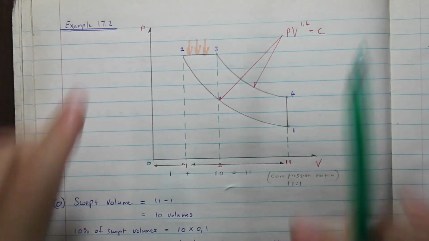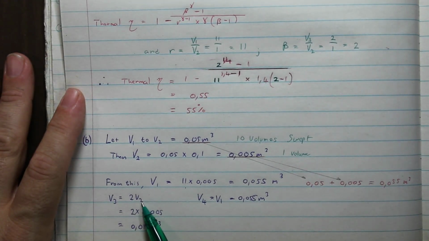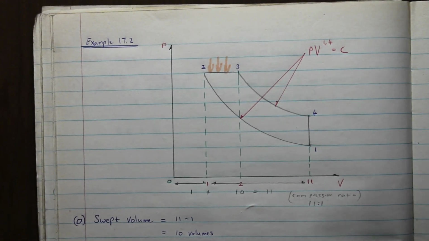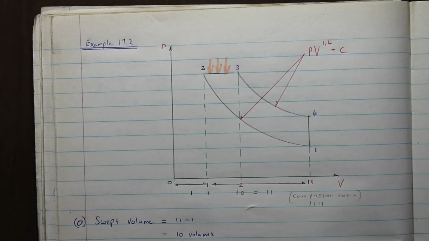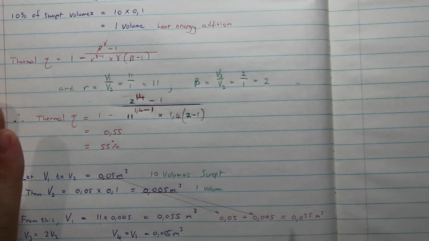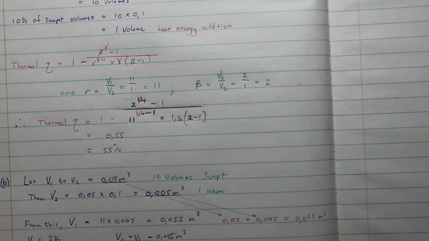V3 equals 2 times V2, so 2 times 0.005, and that is 0.01 meters cubed. So now we have V3. And what about V4? Super easy, because the volume at 0.4 is the same as the volume at 0.1, which was 0.055 meters cubed.